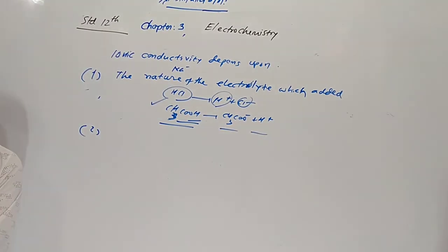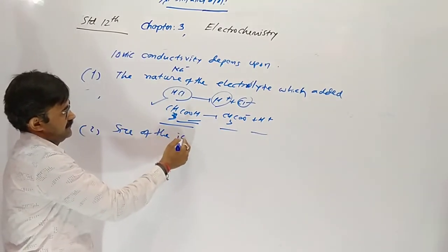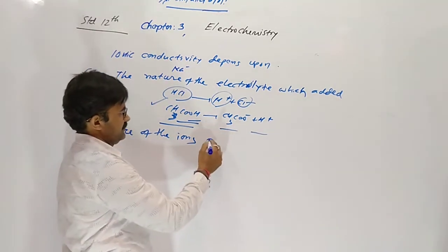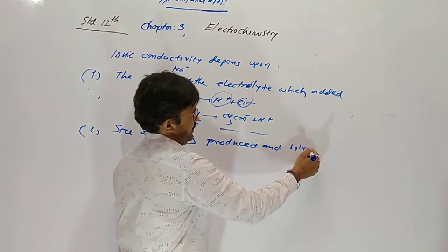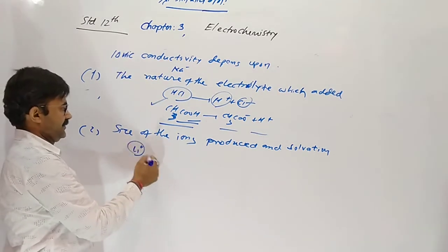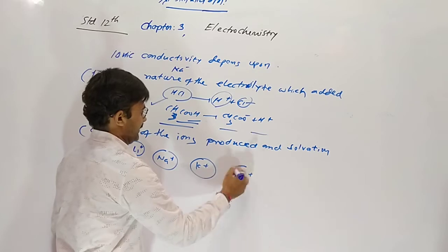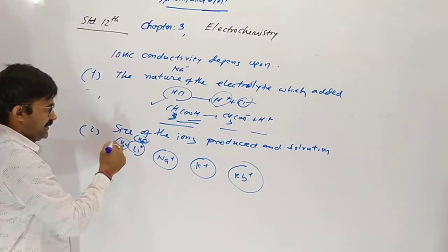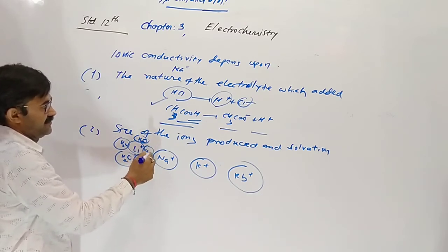This is the nature. Second, the size of the ions produced and solvation. Comparing lithium, sodium, potassium and rubidium: the size of lithium is very small, but it has great attraction toward water due to hydration energy.